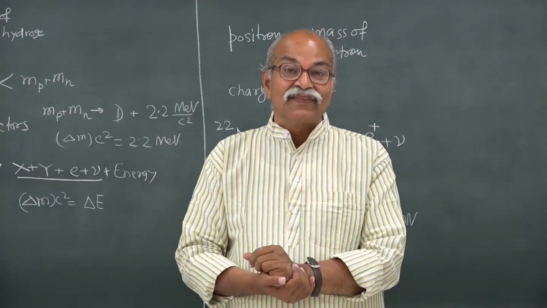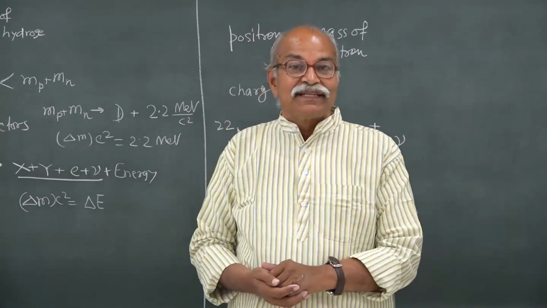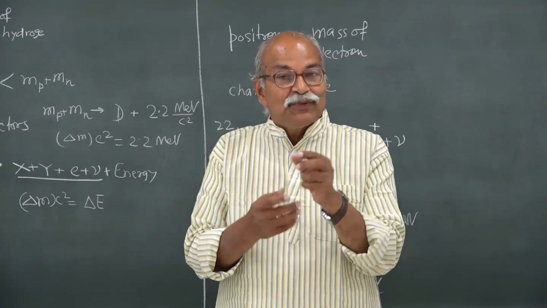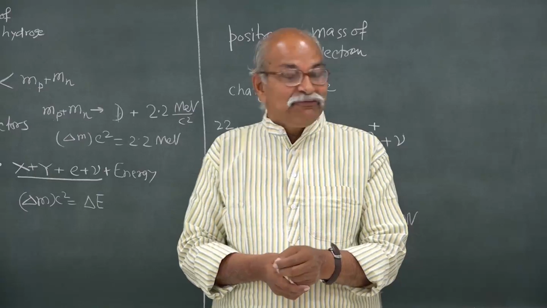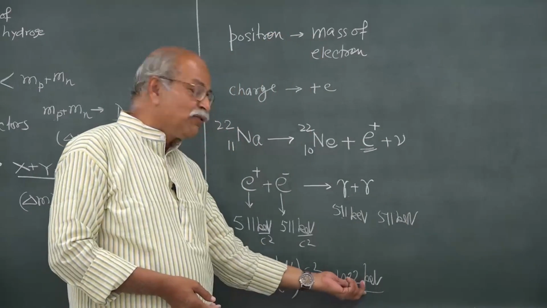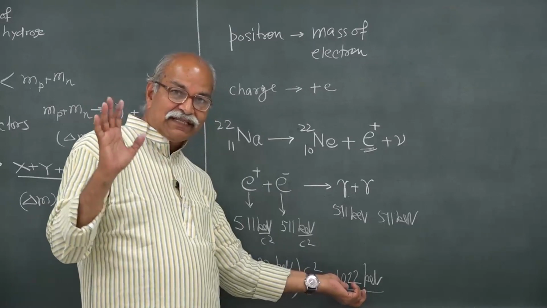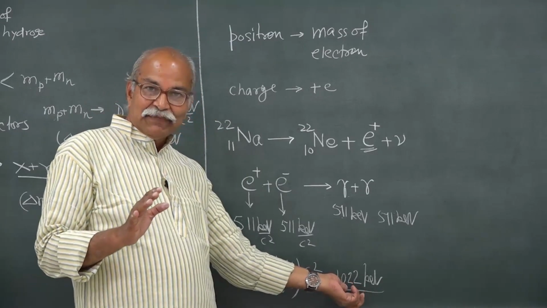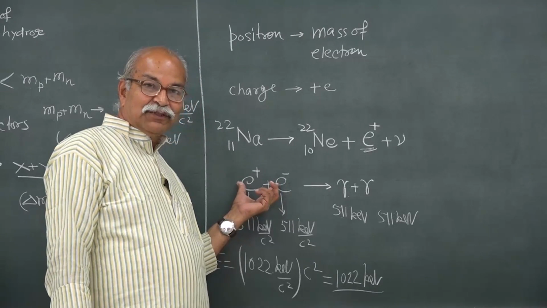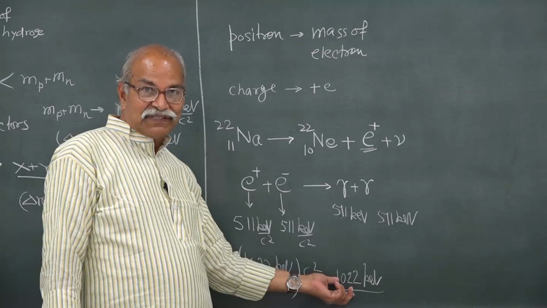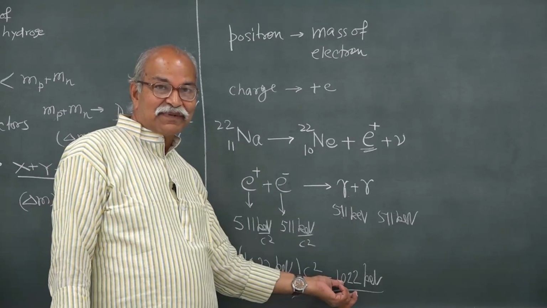But we will talk in upcoming lectures that a photon also has momentum, energy and momentum. So, if this 1022 keV photon is to be created, a photon will always have some energy and some momentum, but we need 0 momentum because the initial momentum is 0. So, you cannot have just one photon with this energy and 0 momentum, that is not possible.